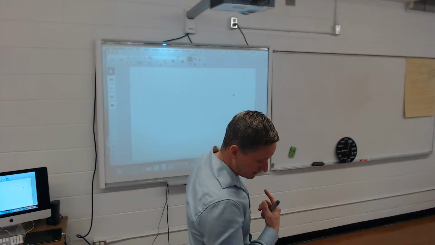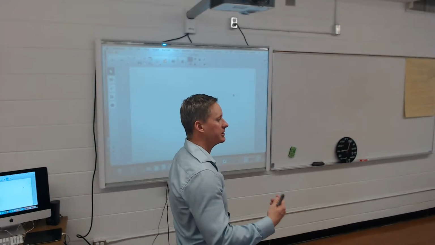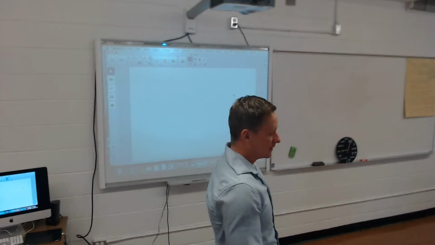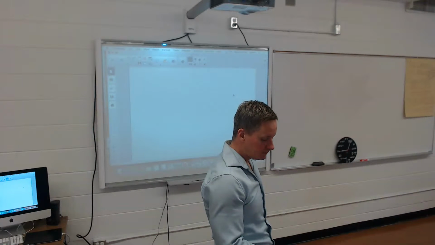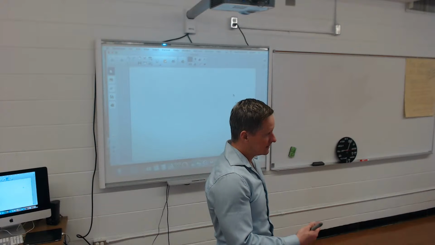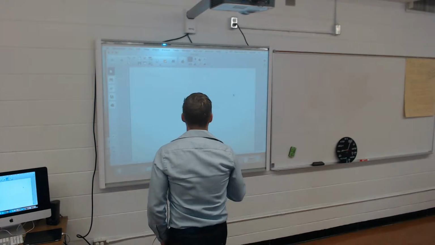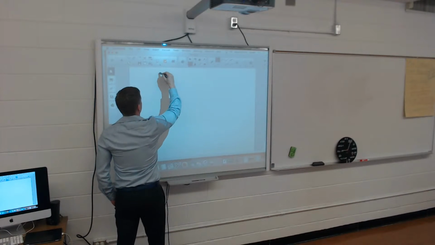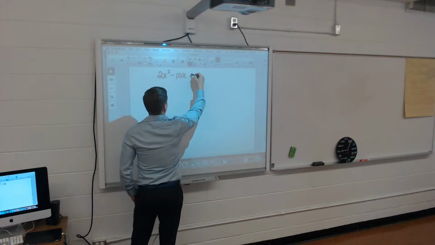Okay, solve each of the following by completing the square. So this actually changes things a little bit as to what you asked me earlier. Now I can divide everything by 2 to start with. I'm beginning like this. I have 2x squared minus 10x, plus 14.